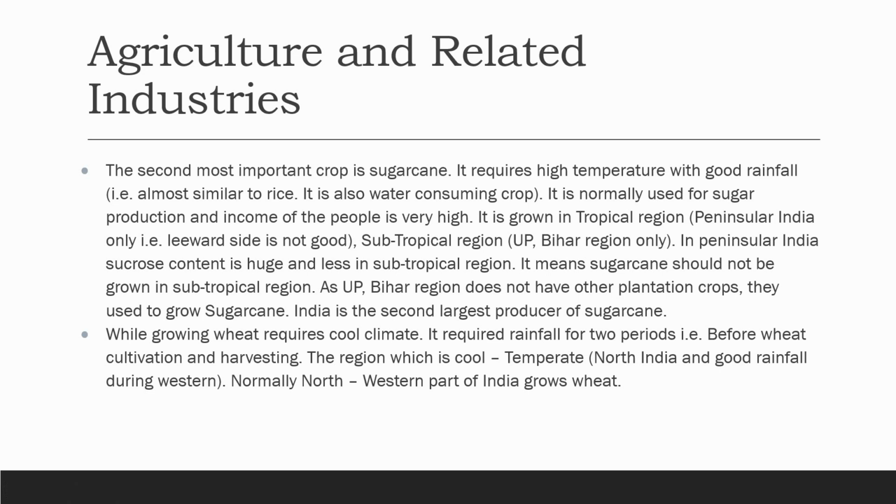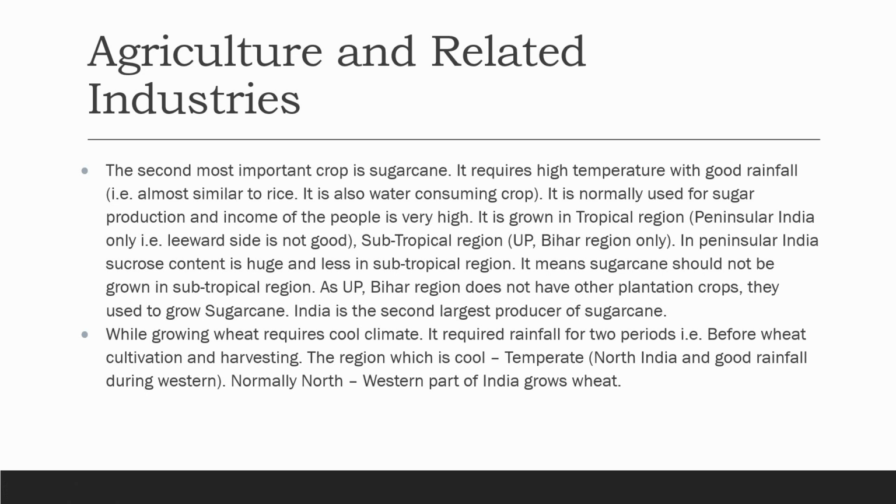I'm not sure, but it is normally used for sugar production, and the income of the people from this crop is very high. It is grown in tropical regions, that is the tropical region of peninsular India, and peninsular India has a good sucrose content.